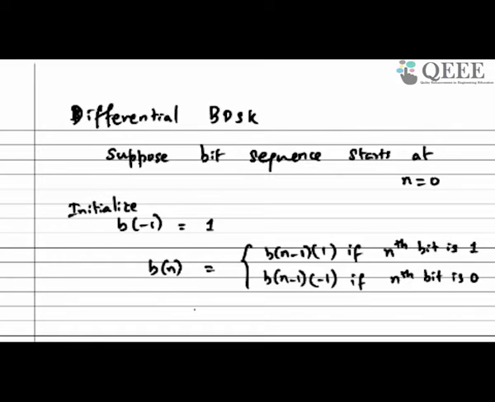So this is an alternative way of looking at differential BPSK. The important thing to note is that B of n depends both on the bit value 1 or 0, but it also depends on what you transmitted earlier. So the current symbol B of n depends on B of n minus 1 as well as the current bit value. This is why there is a memory in the system.